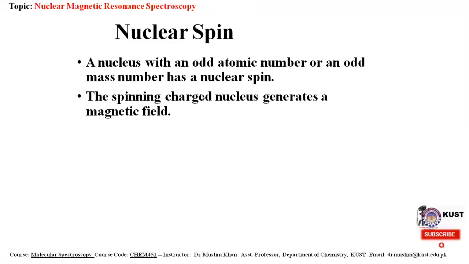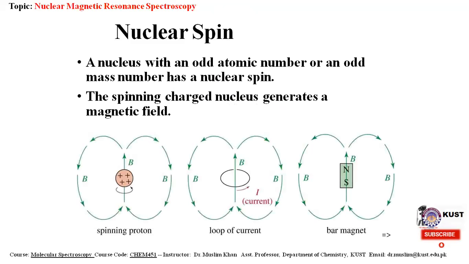This spinning charged nucleus generates a magnetic field like this. So this is a spinning proton, a loop of current basically, and it is acting like a bar magnet, which has north and south poles.